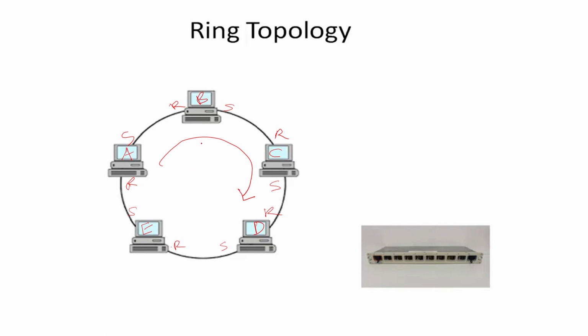And there is a concept of token also. Suppose A sends data to C, from A to C. The data will reach B. B will check the destination address.